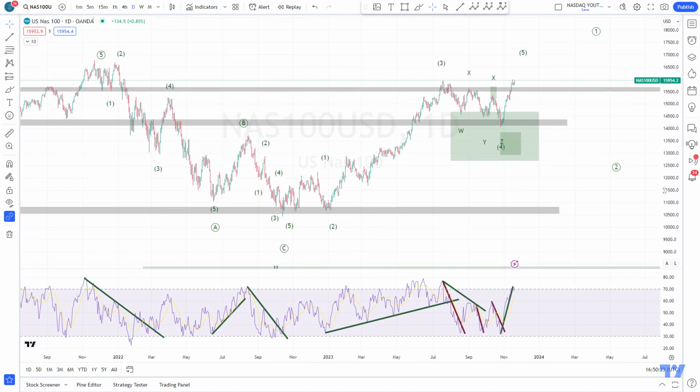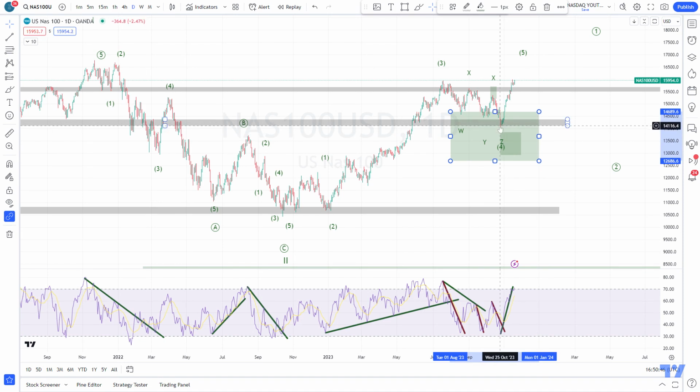From our wave 2 low, we got a wave 1, 2, a wave 3, an impulsive and strong wave 3 here in the daily, and then we came down as a wave 4, a triple three correction, WXYXZ, into the wave 4 area.